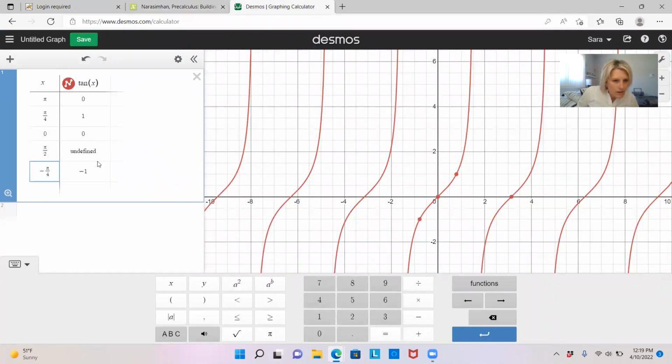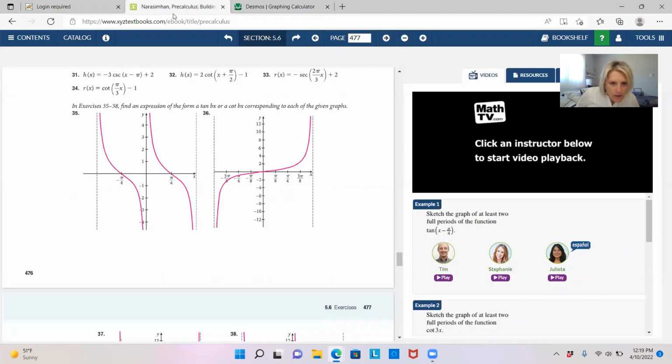So this looks like the regular tangent function. So this goes up to pi over 2. And pi over 2.